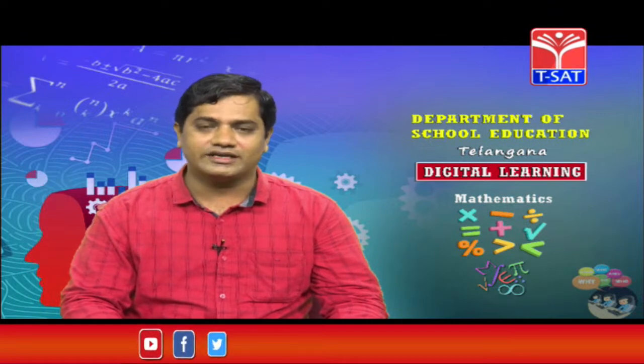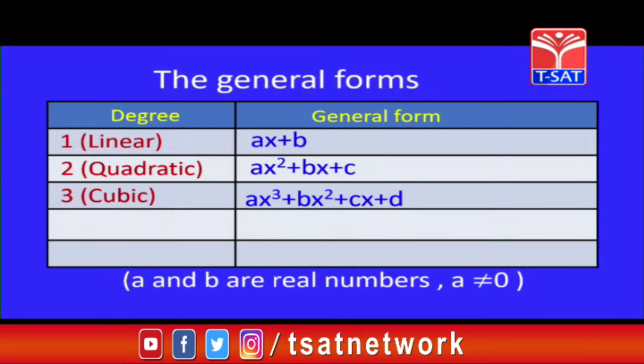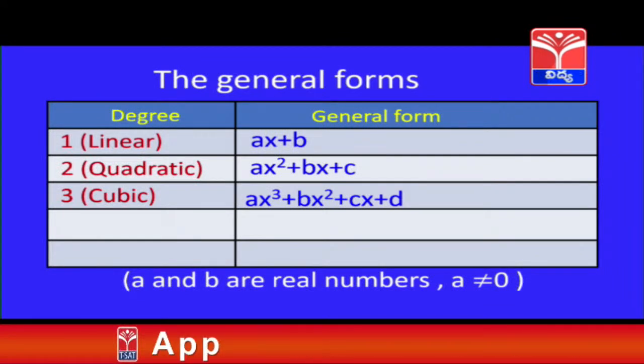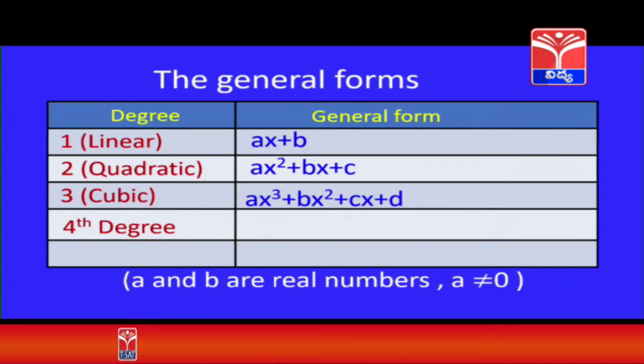And try to write the general form of a cubic polynomial: ax cube plus bx square plus cx plus d. How many terms does it have? 4. And in the general form of quadratic, how many terms are there? 3 terms. If you want to write the fourth degree general form, how many terms can we write maximum? Okay, yes, 5.